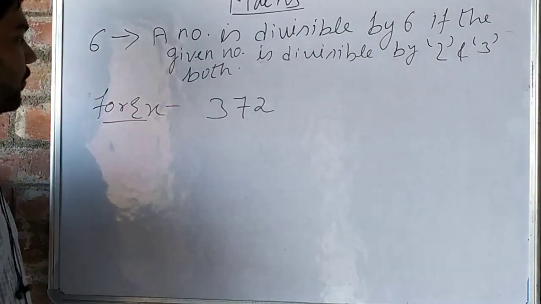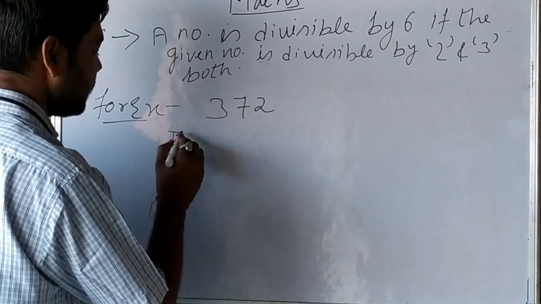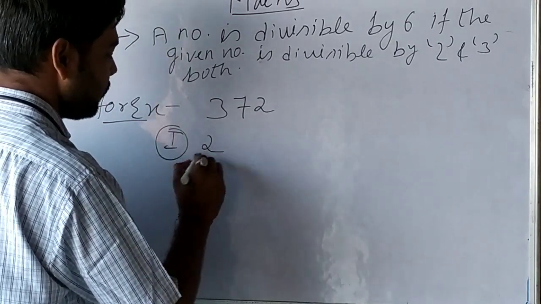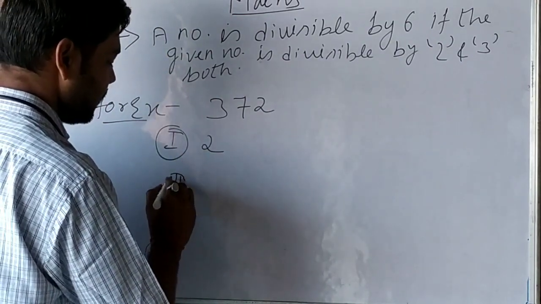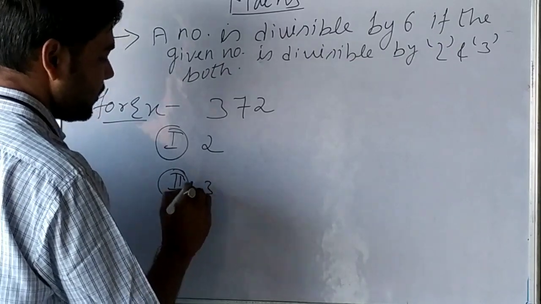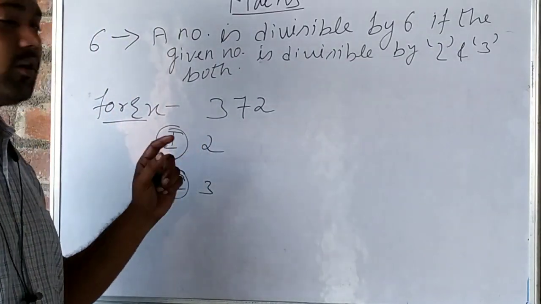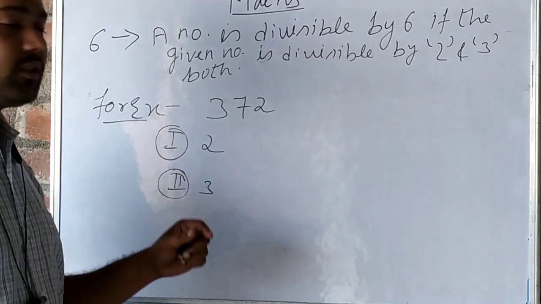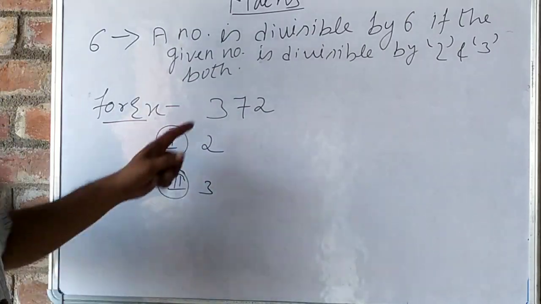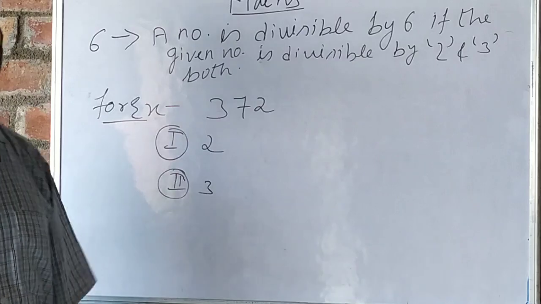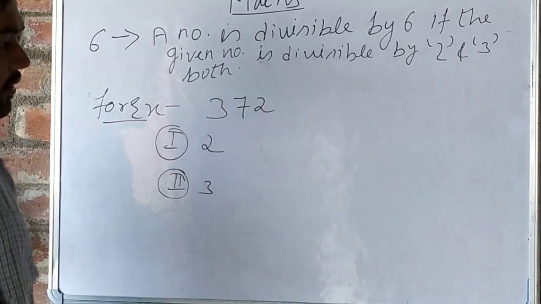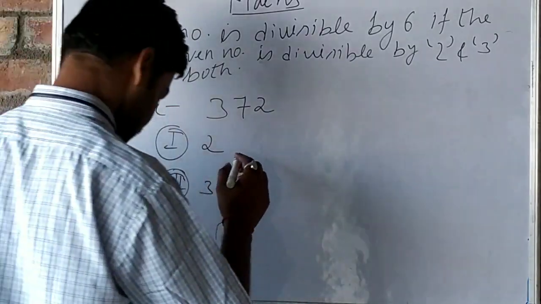Now we have to check first the divisibility of 2 and second the divisibility of 3. If the given number, that is 372, is divisible by 2 and also divisible by 3, then we can say that 372 will also be divisible by 6. Understand? So now let us see.